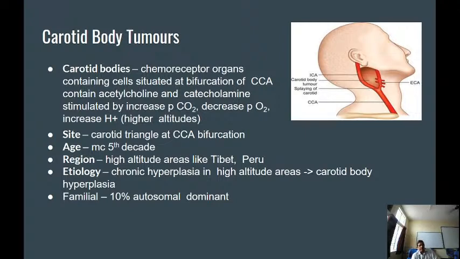Then we go to another kind of tumor, which is present in between the two forks of the common carotid artery, which divides into the external carotid artery and the internal carotid artery. The external carotid artery has branches, the internal carotid artery doesn't have branches.